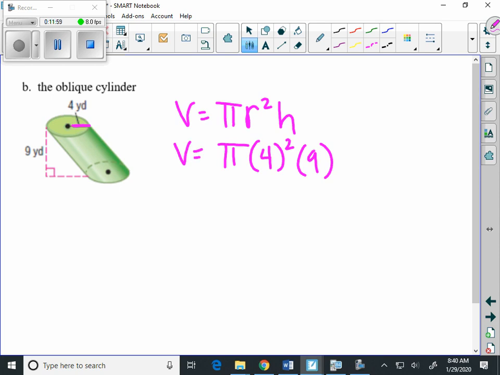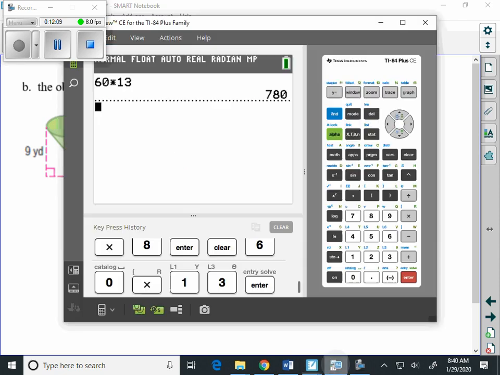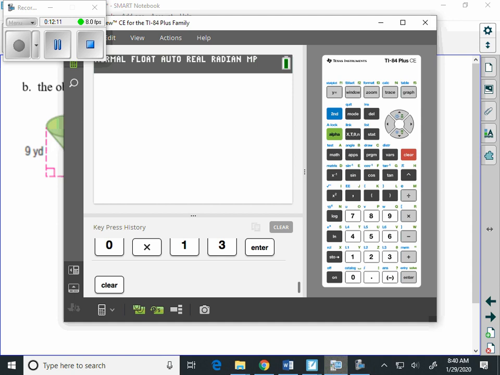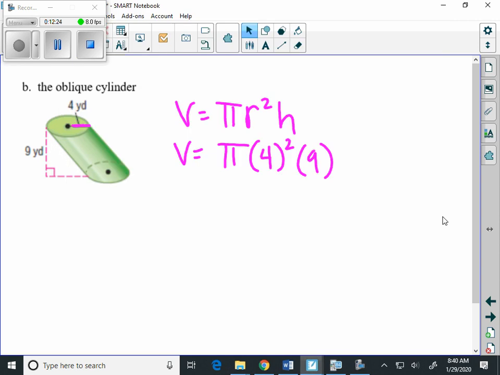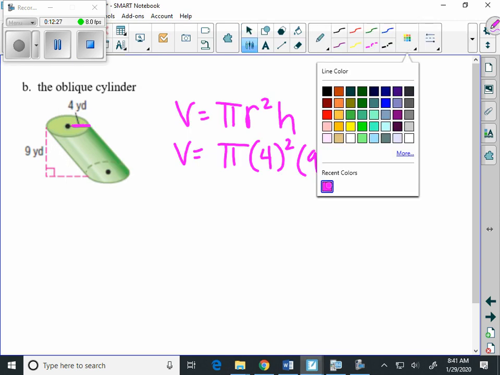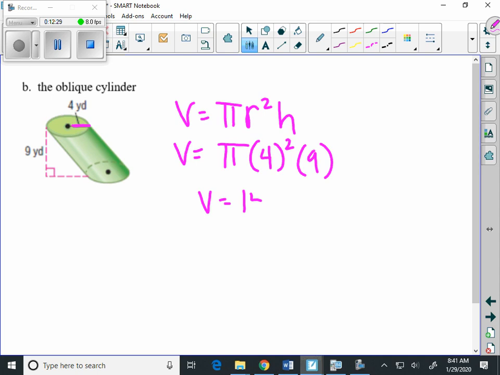And let's type that in. By the way, sometimes it says to leave the answer in terms of pi, so I am going to write it like that. And pi has given some people trouble when using the calculator. It's easier to use on Desmos, but if we type 4 squared times 9, that gives us 144 pi. But we don't have any directions that specifically say that, so I do want to type it in as a decimal.